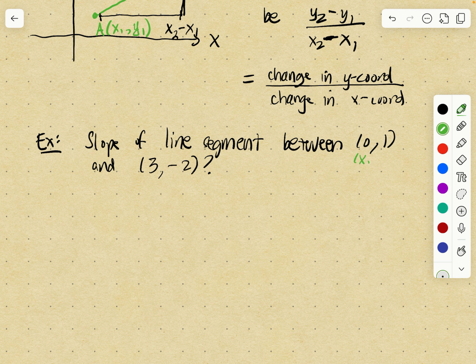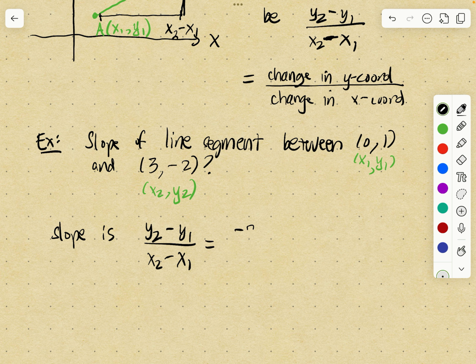Let's pick 0, 1 to be x1, y1, and 3, negative 2 to be x2, y2. The slope is y2 minus y1 divided by x2 minus x1, which is negative 2 minus 1 divided by 3 minus 0. The numerator is negative 3, the denominator is 3, and negative 3 divided by 3 is negative 1.